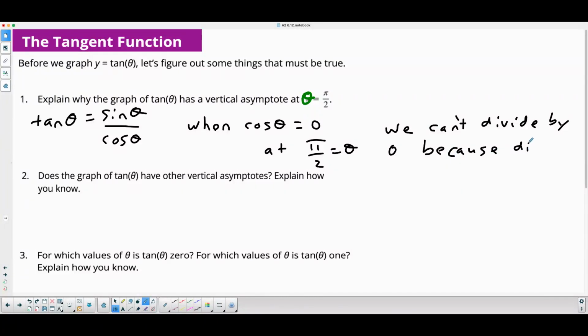Division by 0. All right, so if it's undefined, we get an asymptote.